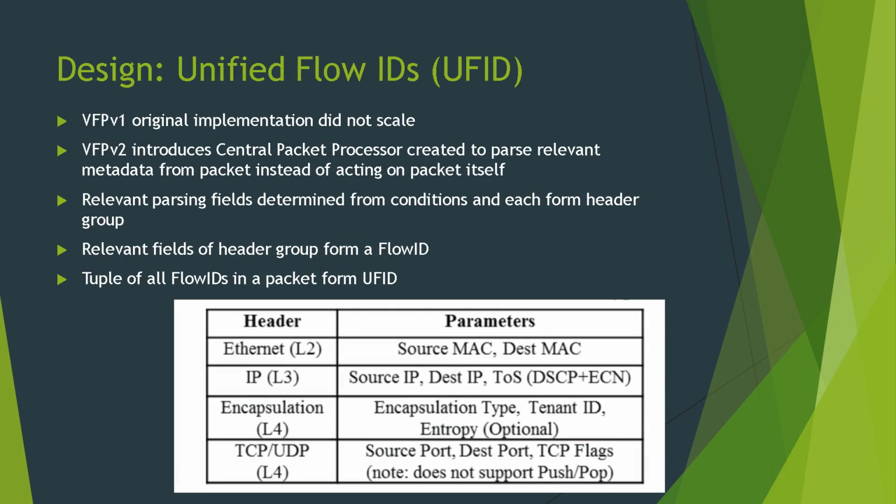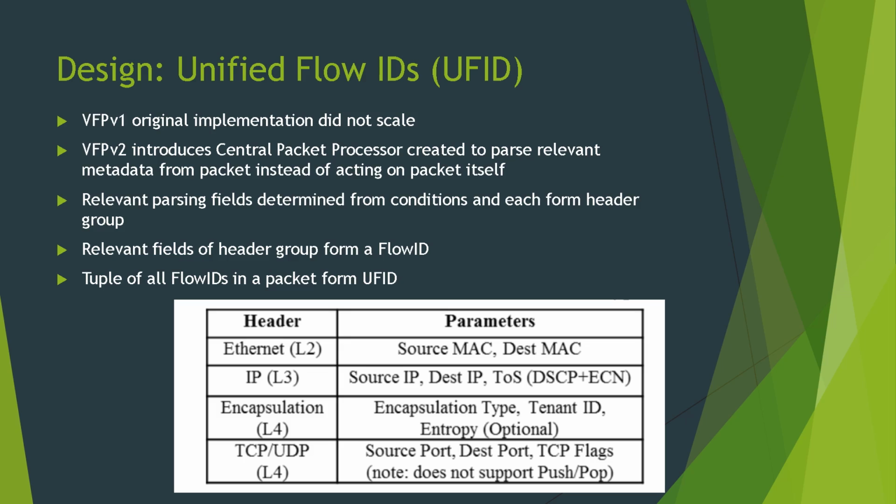As VFP became increasingly popular, the devs realized that the workloads for which VFP was designed did not scale very well. VFP version 1 simply used a linear match for rule classifications. Each layer had to reparse a packet as it moved through that relevant layer.